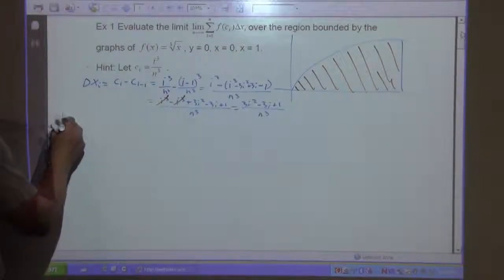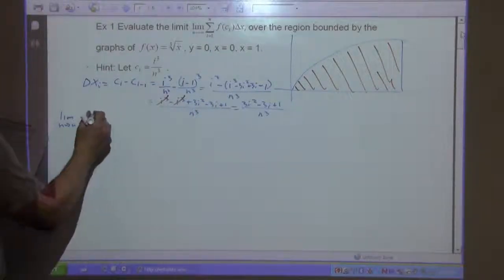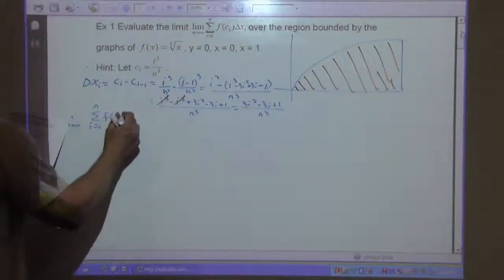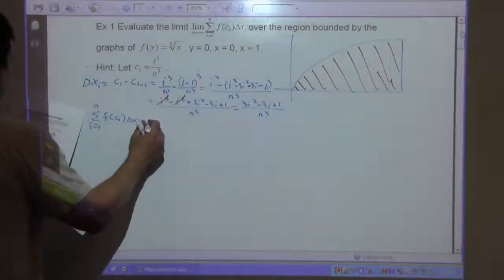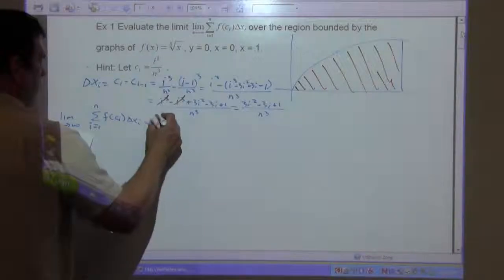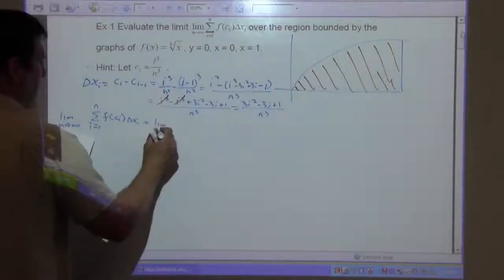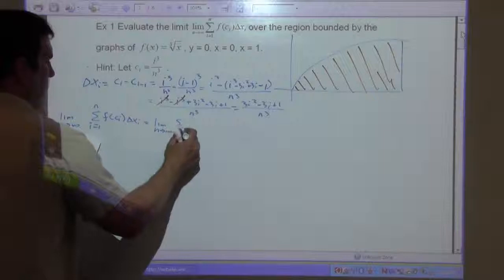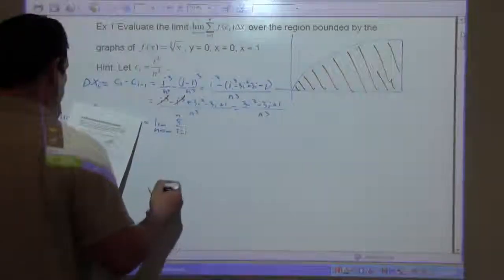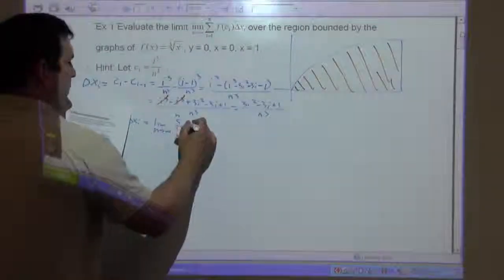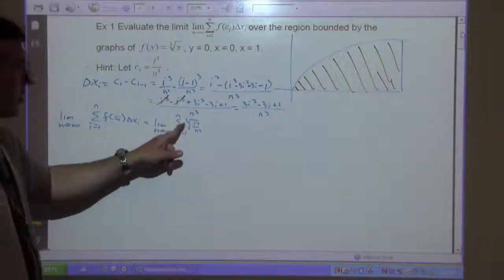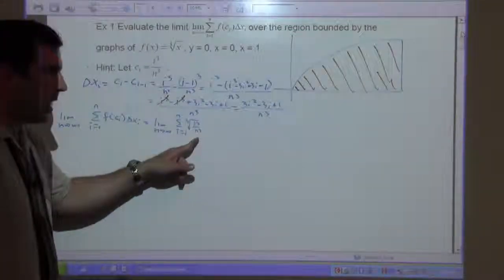So the limit as n goes to infinity of the sum i goes from 1 to n of f of ci delta xi is going to be the limit as n goes to infinity of the sum i goes from 1 to n of what? We have the cube root of i cubed over n cubed. This is where it's convenient to do it this way, because the cube root of i cubed over n cubed is just i over n.